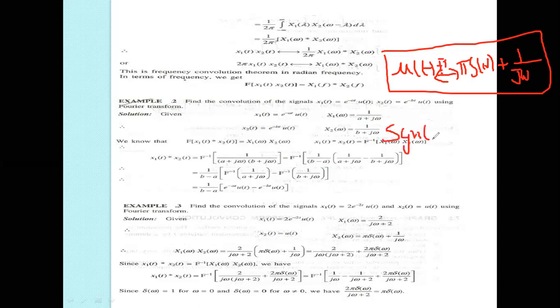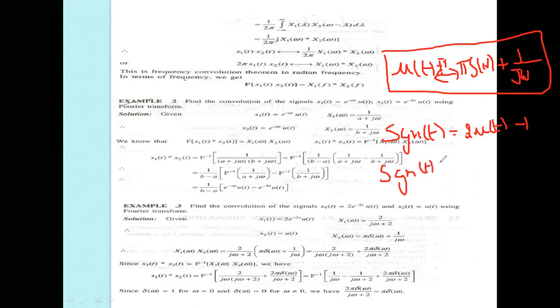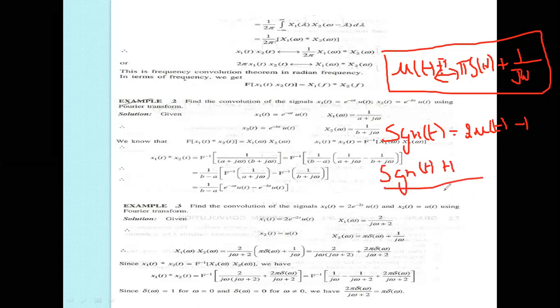Signum of t is equal to 2 into mu of t minus 1. Okay. Signum of t plus 1 by 2 is equal to mu of t. The Fourier transformation of mu of t is equal to 1 by 2 plus 1 by 2 signum of t.